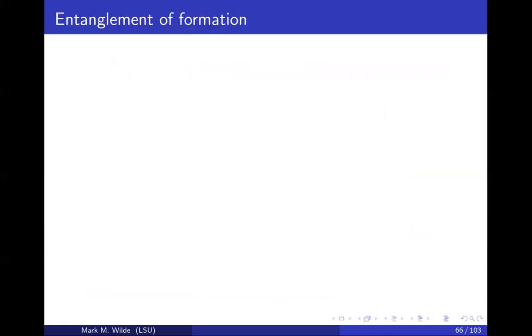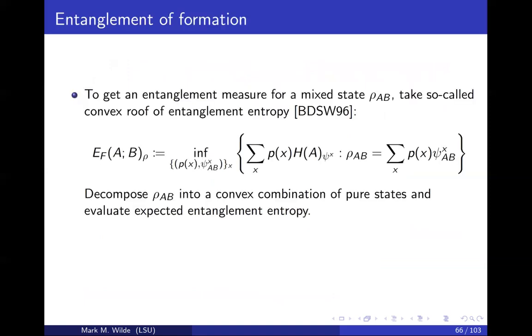Okay, so I think we can end this lecture by talking about entanglement of formation and its properties. To get an entanglement measure for a mixed state, you compute what's called the convex roof of entanglement entropy. What does that mean? You take the state of interest, rho AB, the mixed state, and you find a pure state convex decomposition of that state.